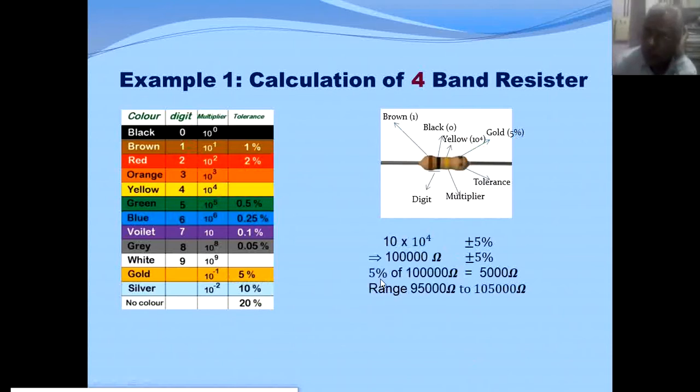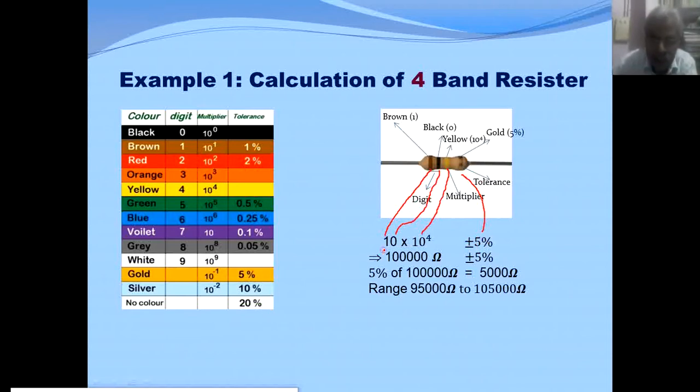I have shown this calculation in textual form. This one is from the first color, the digit, and the second one is from this 0, and this third is the multiplier, and this 5% is from the fourth band. That shows the tolerance. It means either plus or minus 5%.